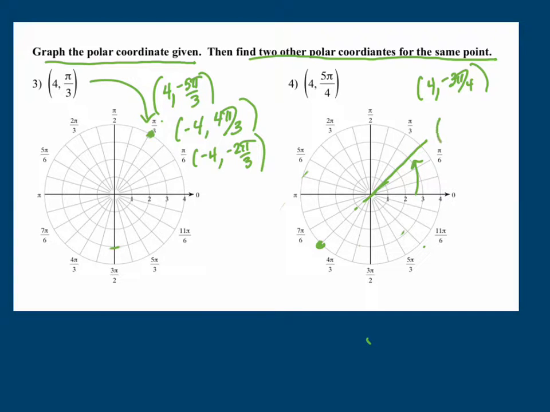So I have (negative 4, pi over 4), because I was starting here, and instead of going forward 4, I go backwards 4 in that direction. And now let's get this same angle in the negative way. So both negative, it would be negative 4 and negative, if this is 8 pi over 4, wouldn't that be negative 7 pi over 4? So that's how you do numbers 1, 2, 3, and 4. Okay?